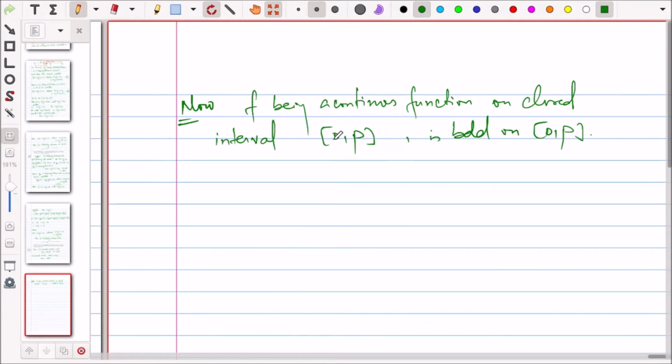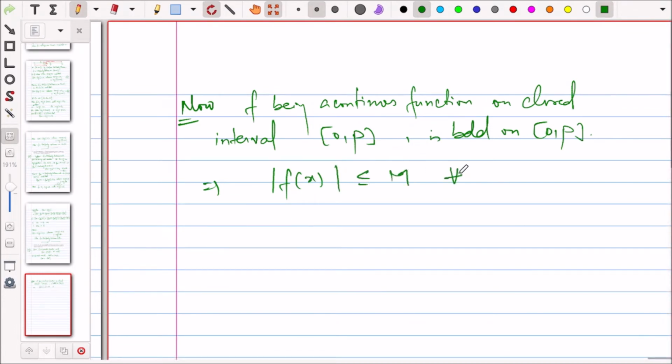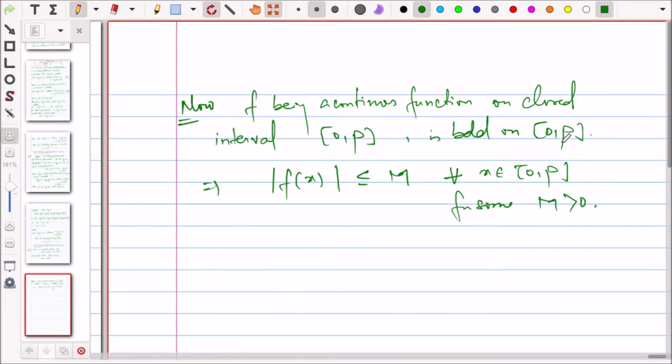So f being continuous, it is bounded on 0 to p. This implies there exists some m greater than 0 such that |f of x| is less than or equal to m for all x belonging to 0 to p.